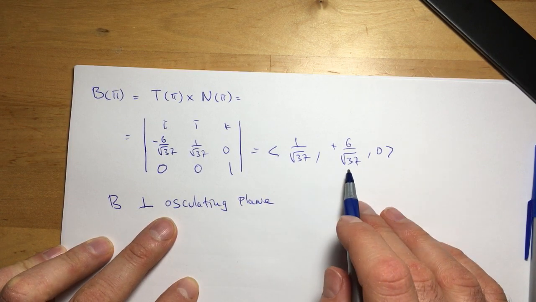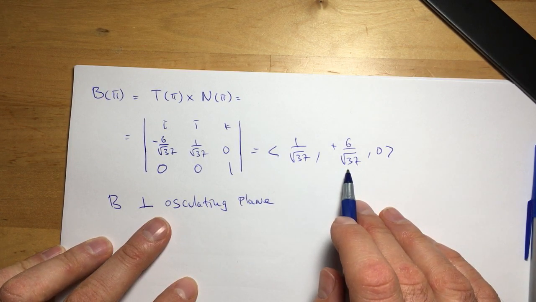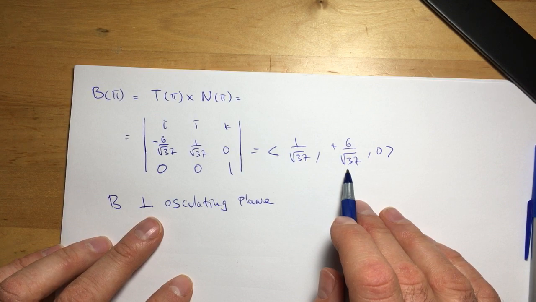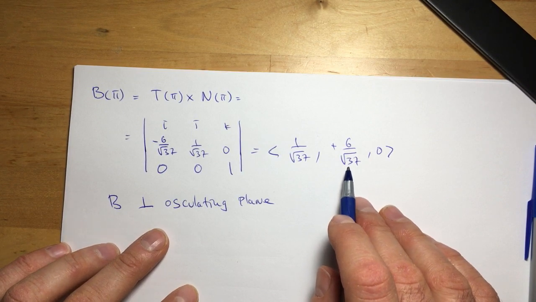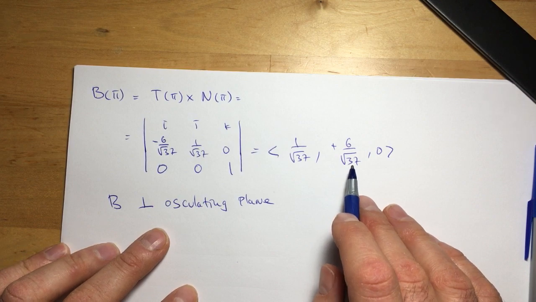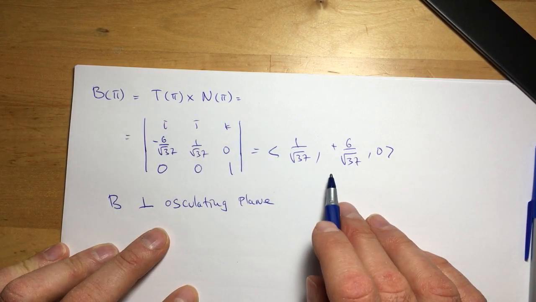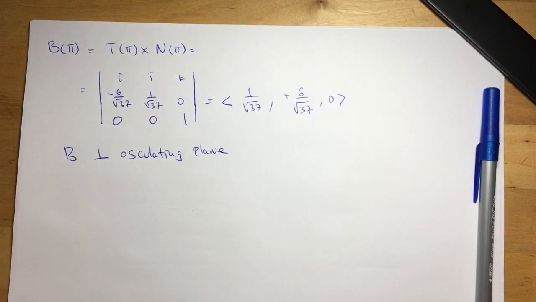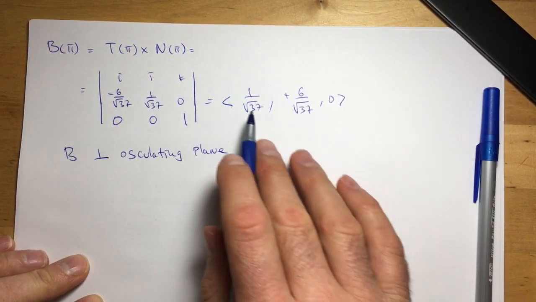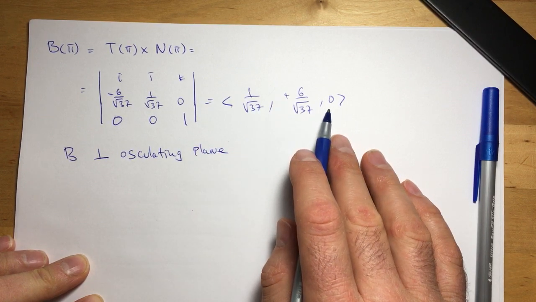So I can simplify my calculation, something that I forgot to do when I found the normal plane. I can simplify this calculation by finding an easier vector to deal with that is parallel to the binormal vector. And how am I going to find that vector? Well, that's going to be any constant multiple, right? So why don't I just multiply this vector by square root of 37?